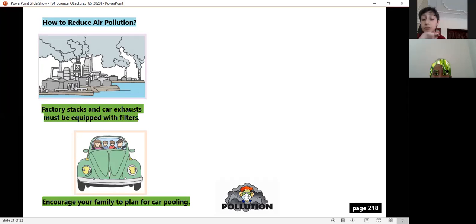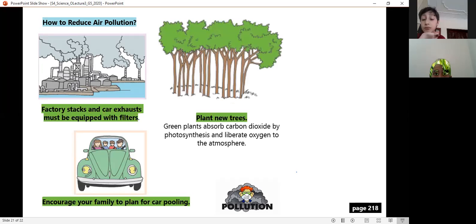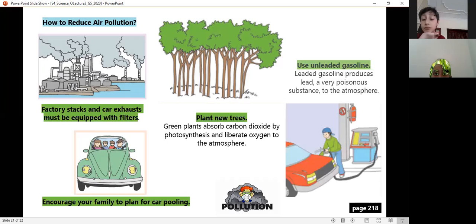Or we can walk, use public transportation, or go by bicycle. We have to find things that are better for the air. Plant new trees, since plants use the carbon dioxide found in the air and clean the air from the extra carbon dioxide. Use better kinds of fuels.